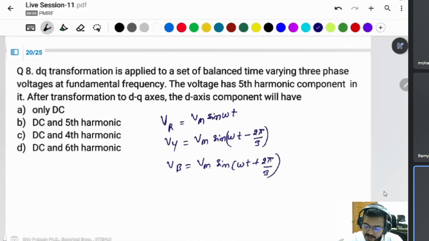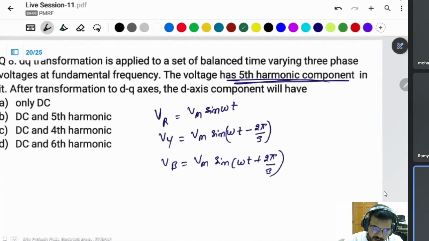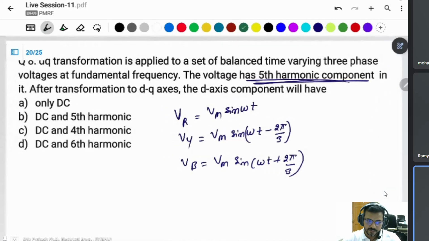This is the balanced time varying three phase voltage. But the voltage has a fifth harmonic component. Then what happens? Simply add the fifth harmonic component also here.